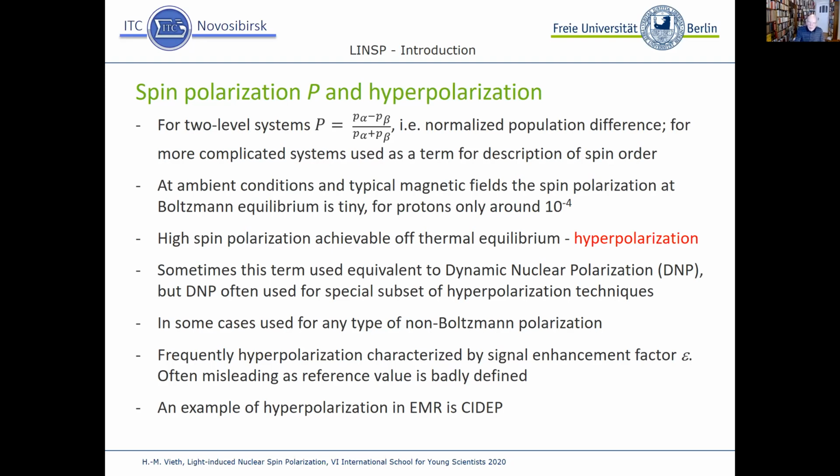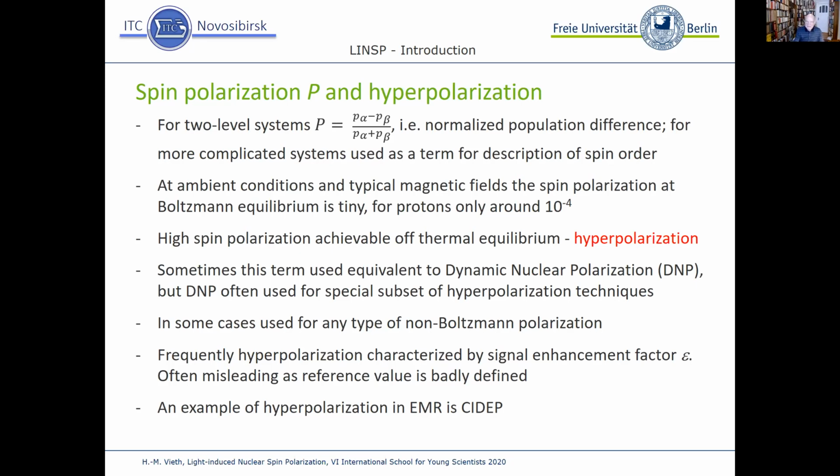But we can make efforts to get away from the thermal equilibrium and create what's called hyperpolarization. This term is often used equivalently with dynamic nuclear polarization, DNP. It's a little problem that DNP is often used for only a special subset of hyperpolarization techniques.